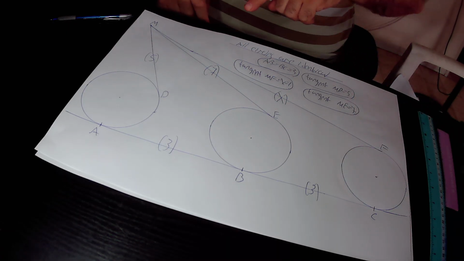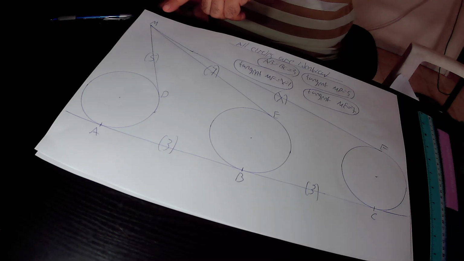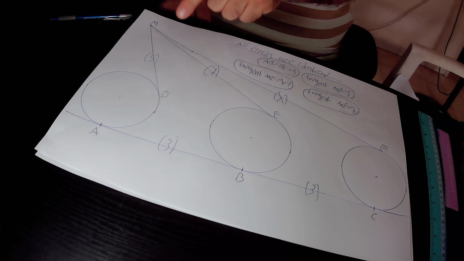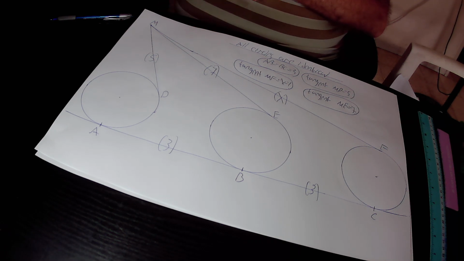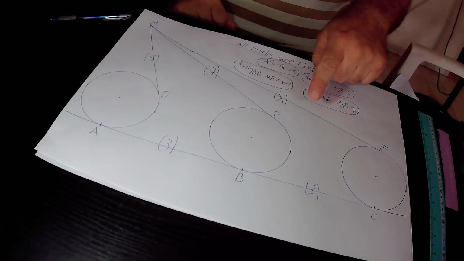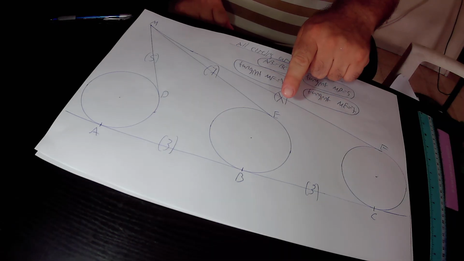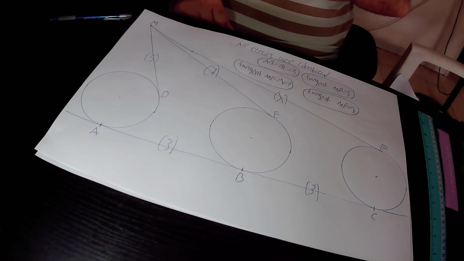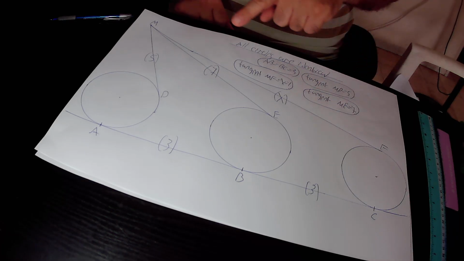In addition, we have this common external point M. For this point M, we have tangent MD, that is tangent to this circle at point D. The length of this tangent MD is 5 units. And we also have tangent ME, that is tangent to this middle circle at point E, and the length of this tangent ME is 7 units.